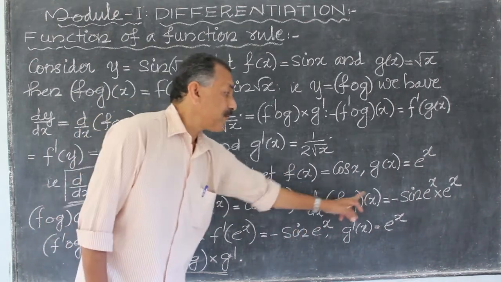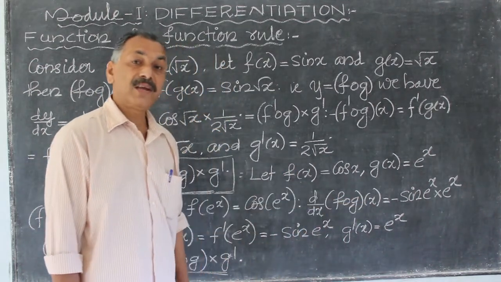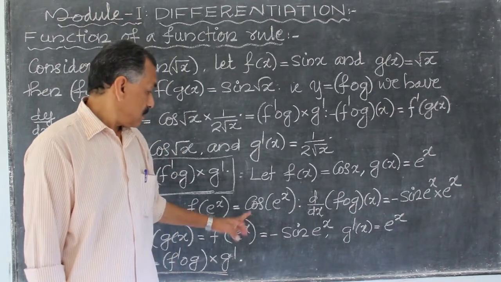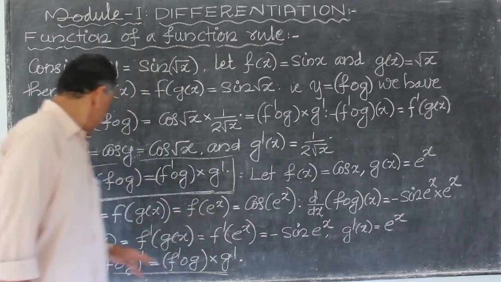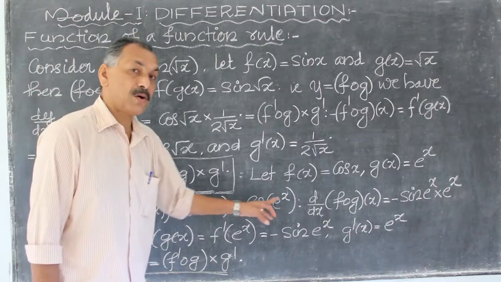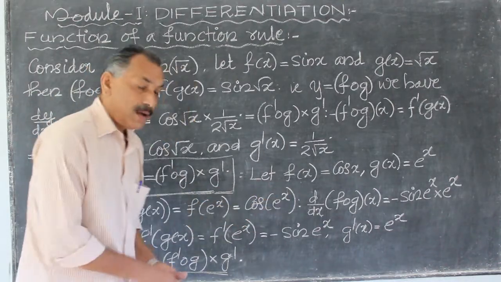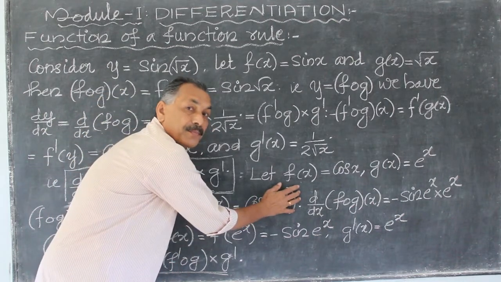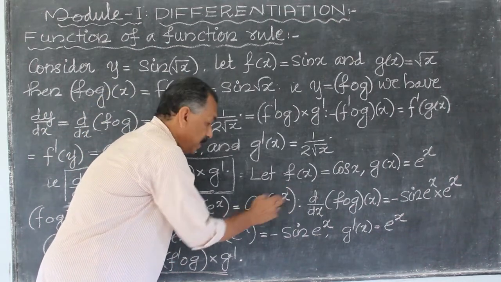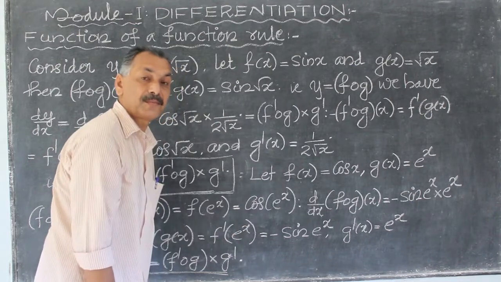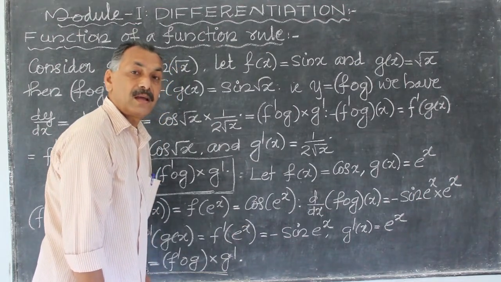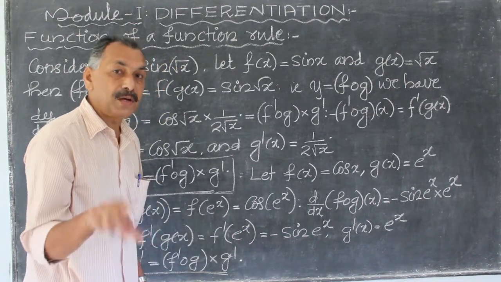Then, the derivative of f dot g. What is the derivative of f dot g? f dot g of x is equal to cos of e raised to x. What is the derivative of this one? Let u equal e raised to x. The derivative of cos u is minus sin u. dy by dx is dy by du into du by dx.